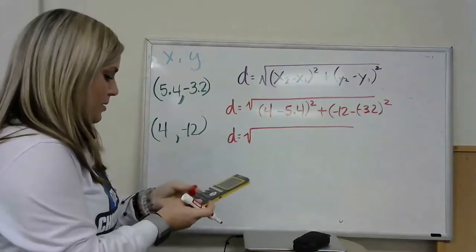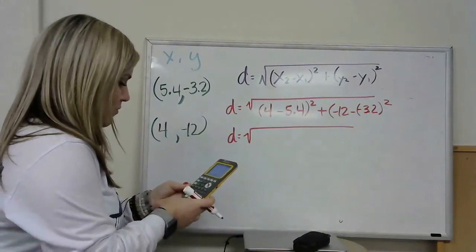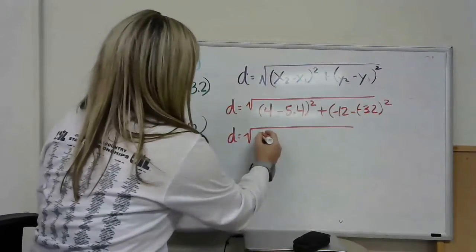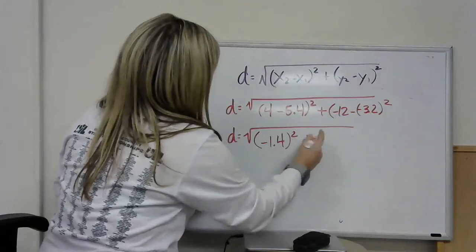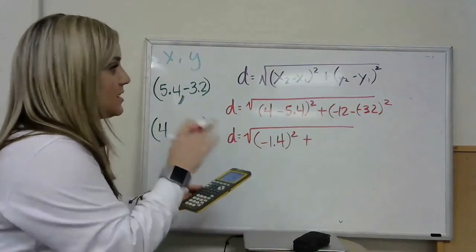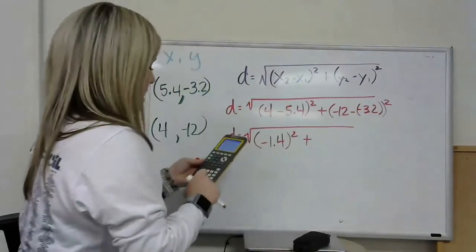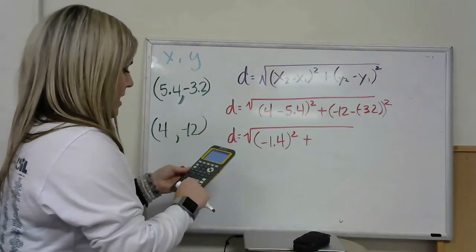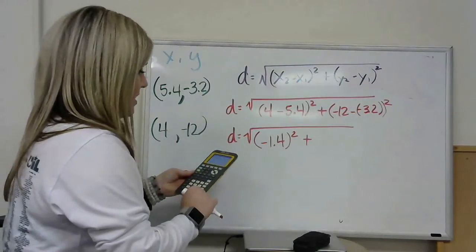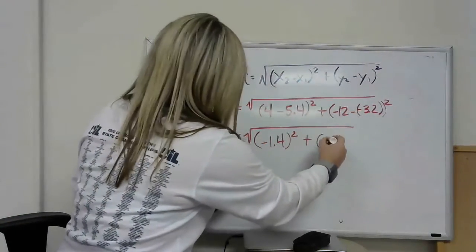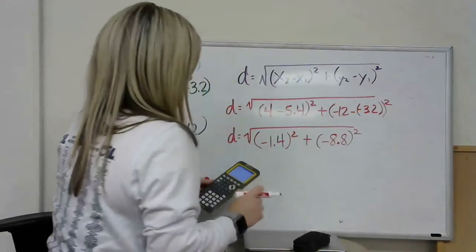All right, so now I'm going to plug it in my calculator. 4 minus 5.4, and I got -1.4 squared plus. Okay, now I'm going to put this one in parentheses. Actually, I need to have 2 parentheses right there. All right, -12 minus -3.2, close parentheses, enter, and I have -8.8 squared, okay?